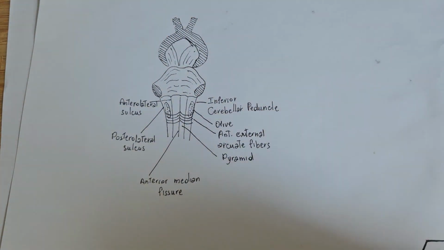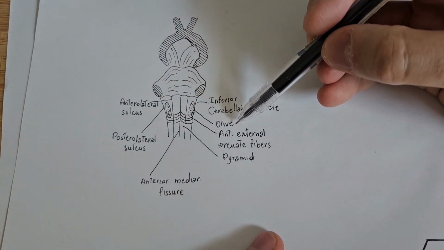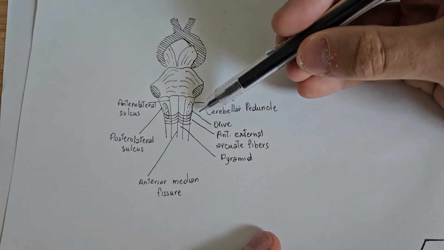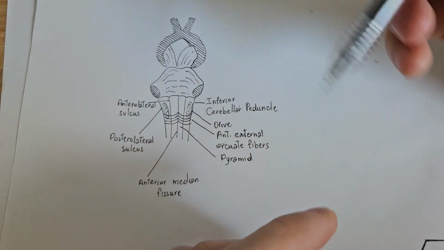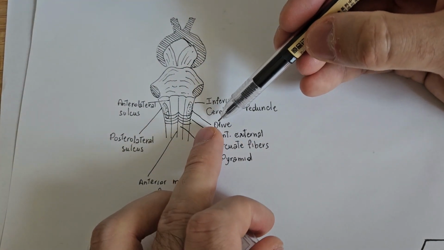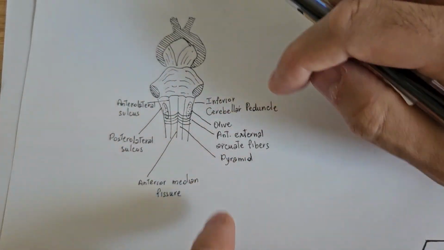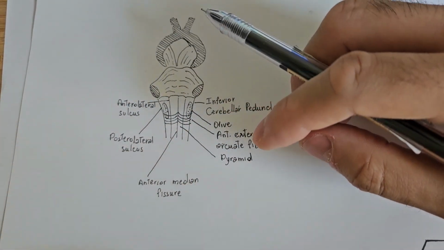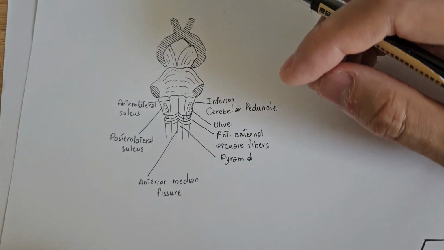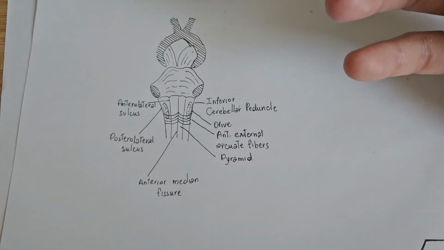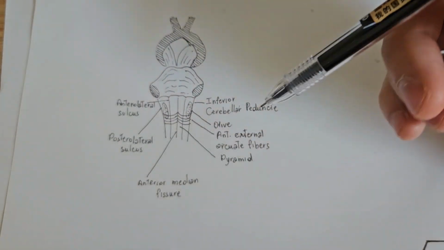Now we have here the olive, and as you can see, it lies lateral to the pyramid and is rounded. It presents this rounded elevation that resembles pretty much an olive fruit.